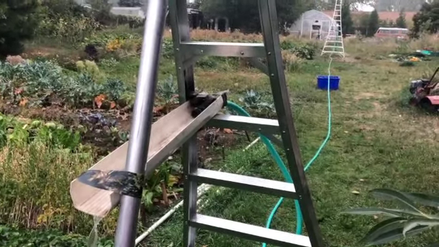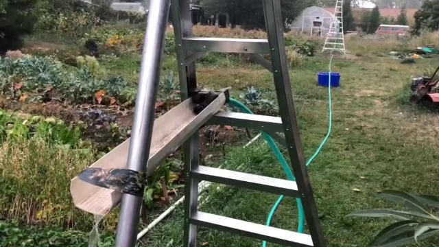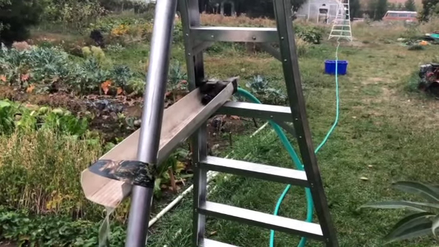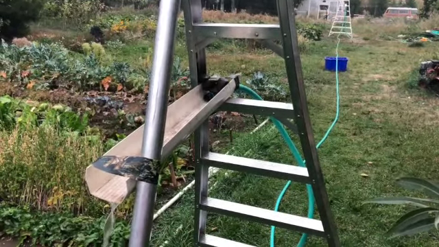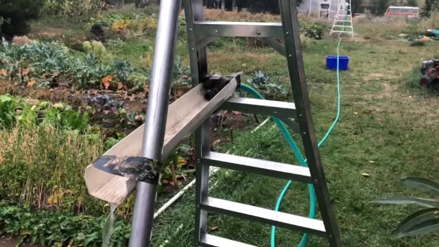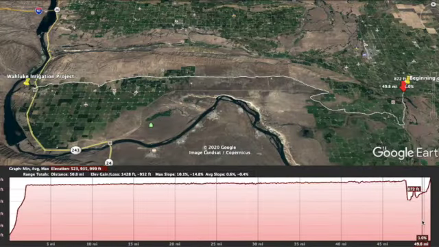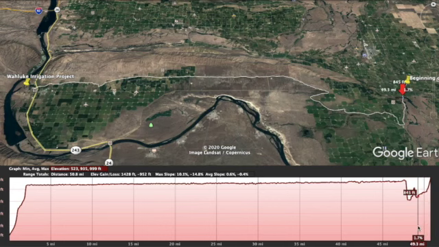That's our model of the entire Wahluke irrigation system from the beginning of the inverted siphon all the way to the end. This is a nice model of the entire Wahluke irrigation system from the beginning of the siphon to the end of the project, the end of the system where the water goes into that little lake.